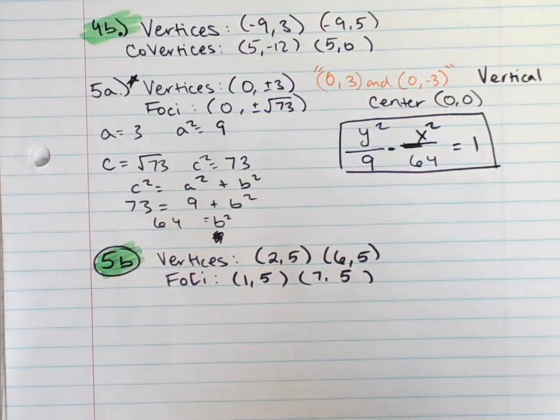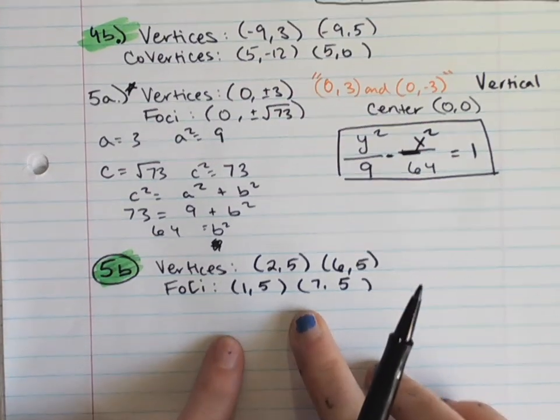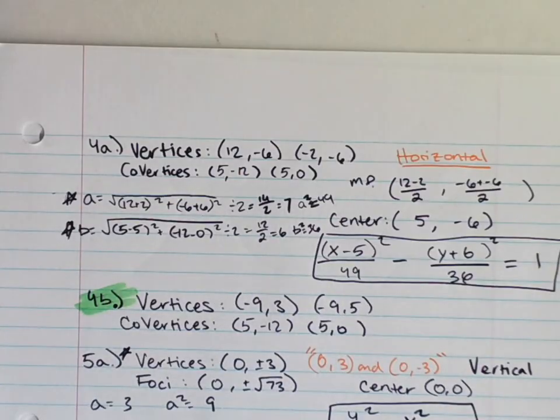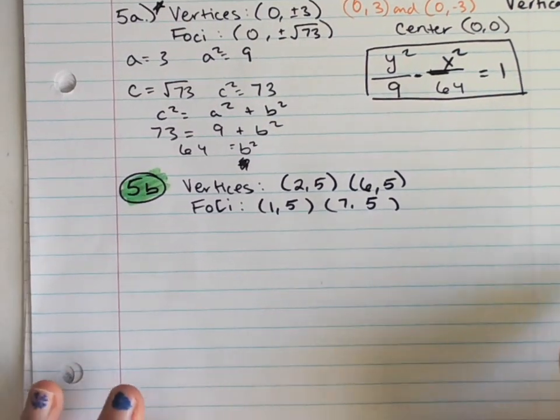So you guys are going to have to do the distance formula to find the middles of those values, which will just follow the same steps that we did up here. Okay.